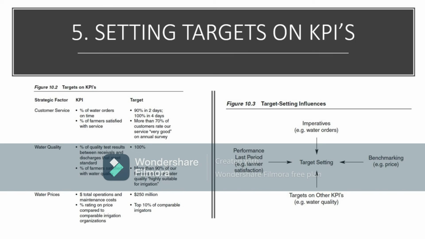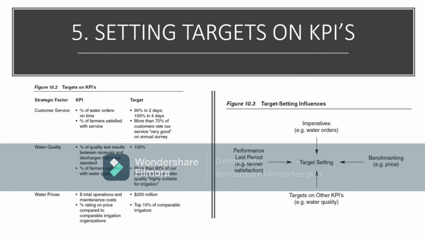For example, for the KPI percentage of water orders on time, two targets have been set: 90% in 2 days and 100% in 4 days. There are at least 4 influences that come to bear in establishing targets like that, as Figure 10.3 illustrates.